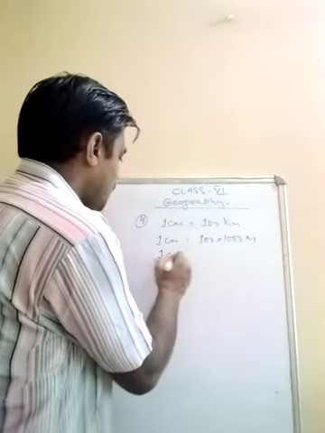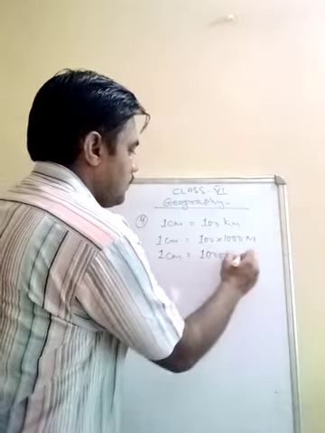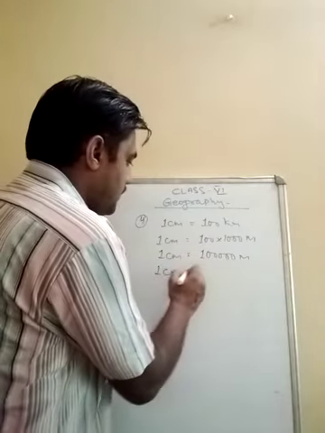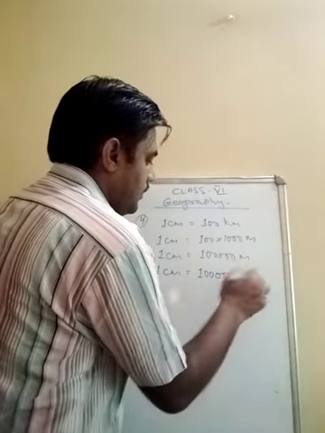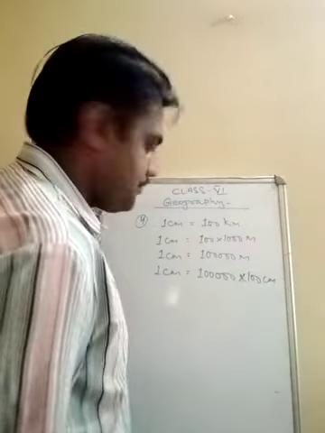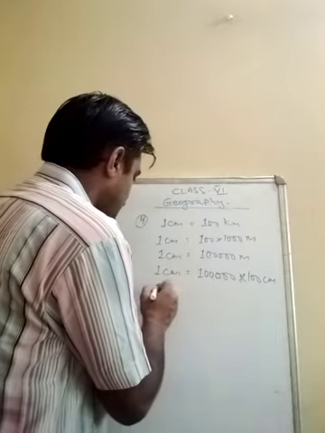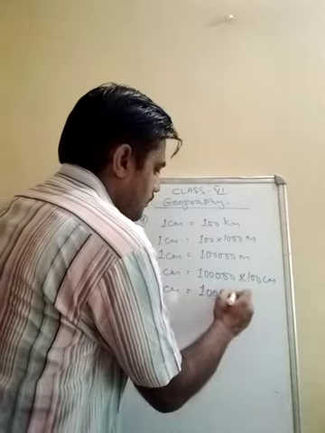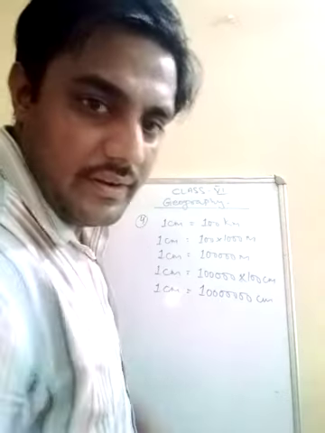So what you are getting? 1 centimeter equals 100,000 meter, 100,000 into 100 centimeter. So 1 centimeter equals 10,000,000 centimeter. So centimeter gets cancelled.